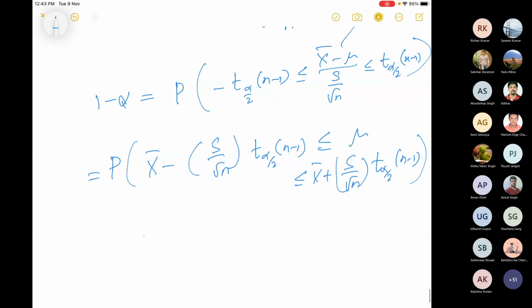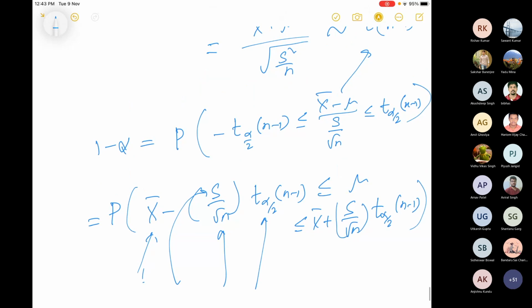Now here everything we know: X bar we know because we know the sample data, S we know, n we know. This can be found depending on what confidence you want. Suppose we want this estimation interval, or confidence interval, with 100 times (1 minus alpha) percentage, and suppose it is 90. So I can find the value of alpha.